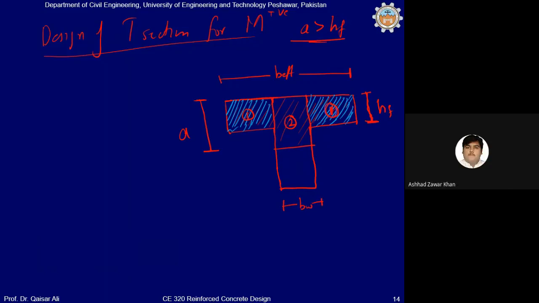Yes, sir. So area 1 will be equal to the width, which is b effective minus bw, इस तरह है कि नहीं, and multiply by the thickness, which is hf. Clear?